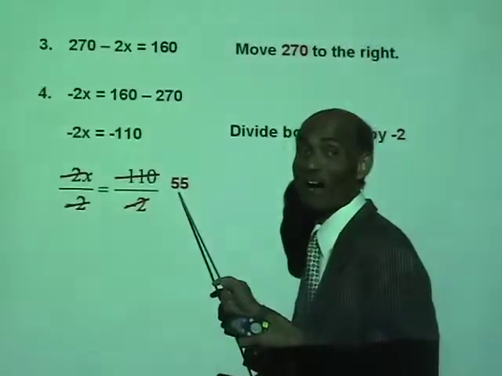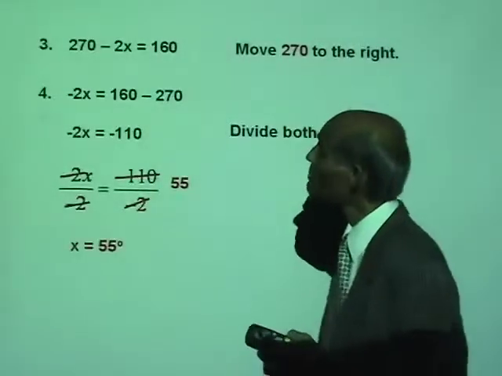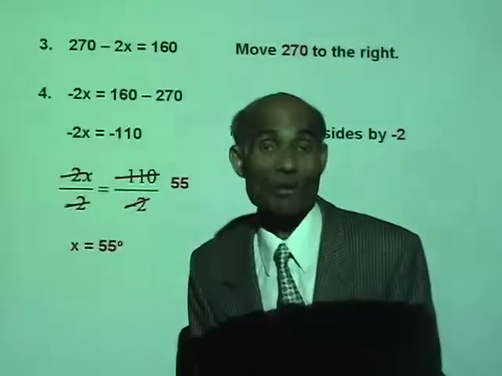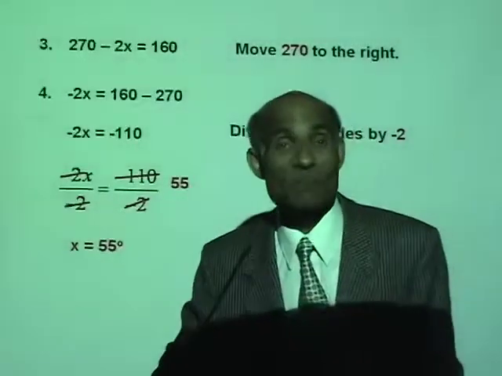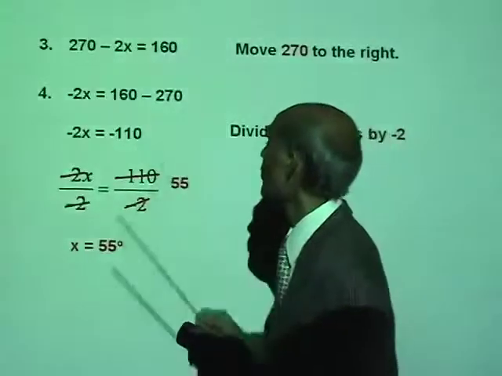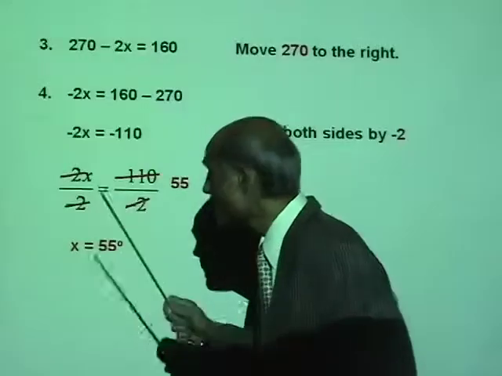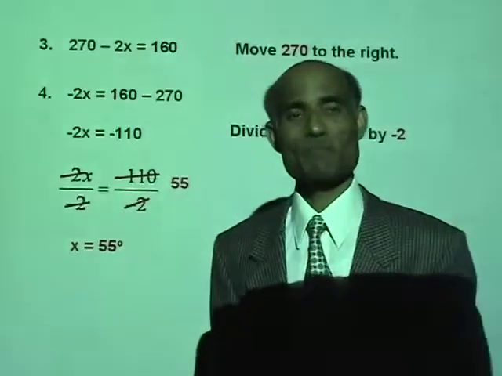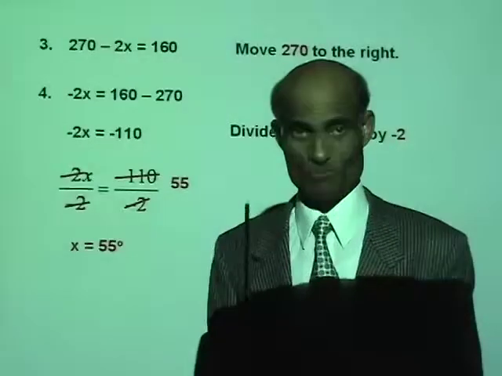That is 55. So x equal to 55 degrees. The required angle whose supplement added to the complement gives you 160 degrees is the angle 55 degrees. Okay, move on to another one.